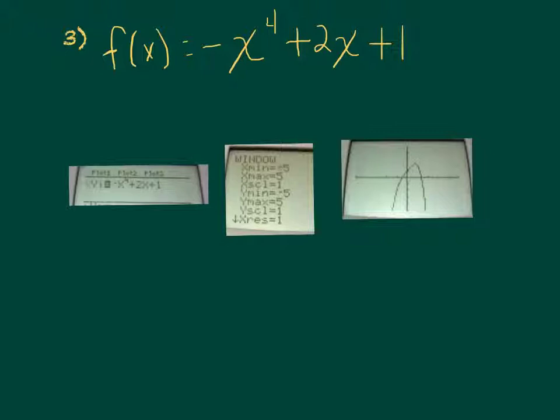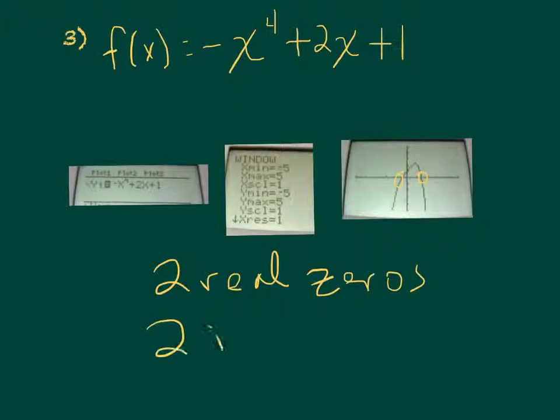And here we have an x to the 4th, or a 4th degree function, which means we have to have 4 zeros. We can see there's 2 x-intercepts, and so there's going to be 2 real zeros and 2 imaginary zeros.